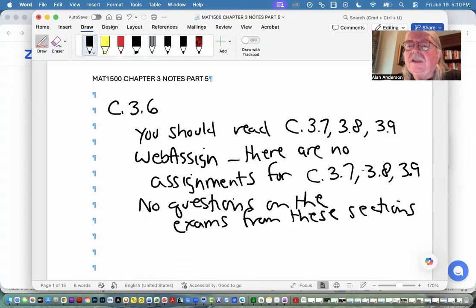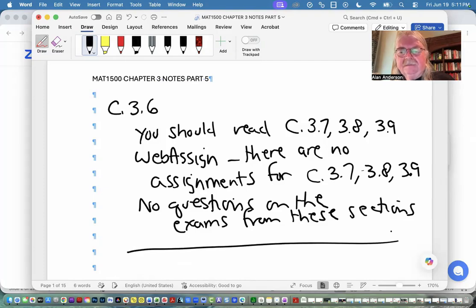So I think you'll agree that what we're going to do in 3.6 is very important. Then when that's done, we can go straight ahead to chapter four, and you'll see why it's so important when we get there. All right, so here we go.